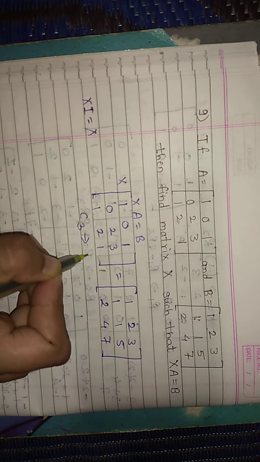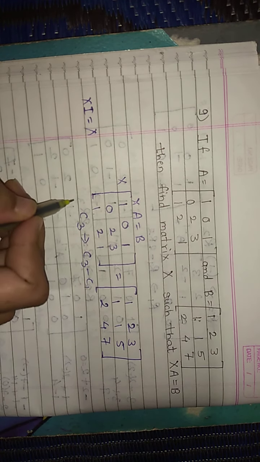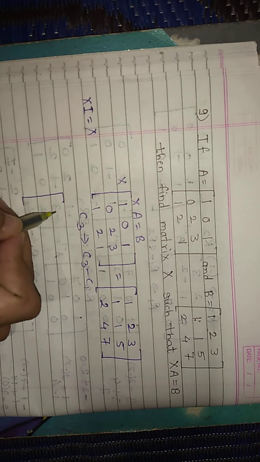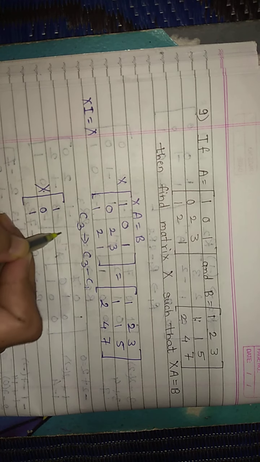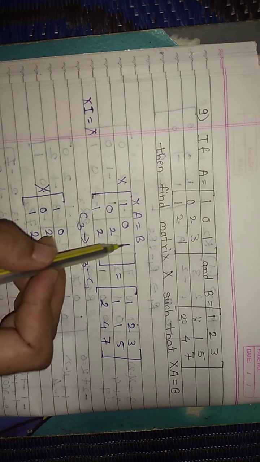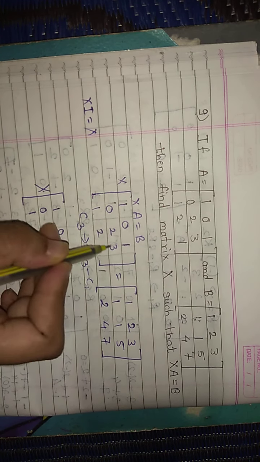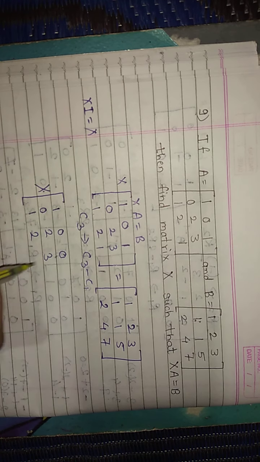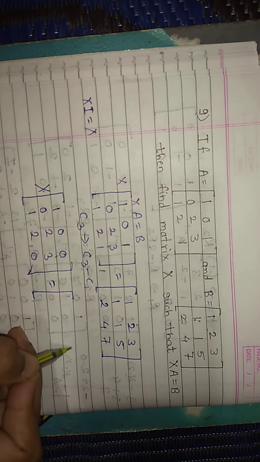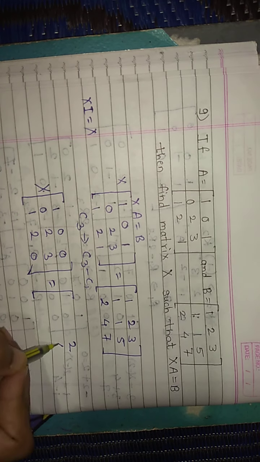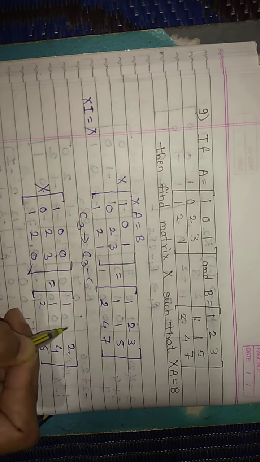So C3 changes to C3 minus C1. The transformation becomes 1 0 1, keep it as it is, X into 0 2 2 as it is. 1 minus 1 is 0, 3 minus 0 is 3, 1 minus 1 is 0. Same we follow here: 3 minus 1 is 2, 5 minus 1 is 4, 7 minus 2 is 5. And the remaining elements we write as it is.